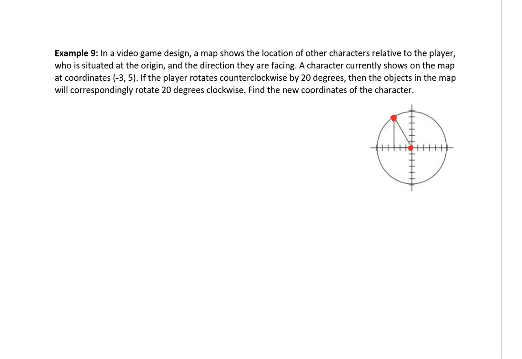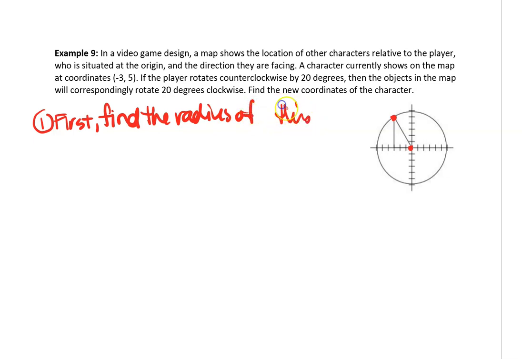And so here's what we need to figure out. First, we want to find the radius of the circle. And so what we did was, here's us at the origin, here's the other player, we've created a circle.